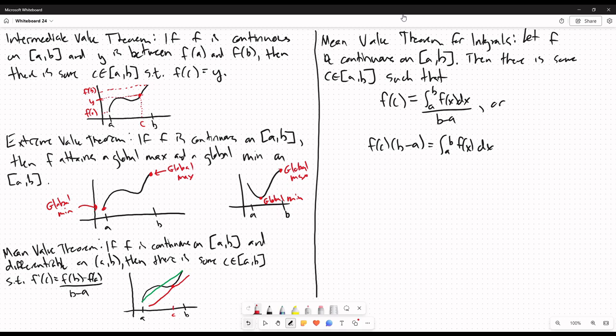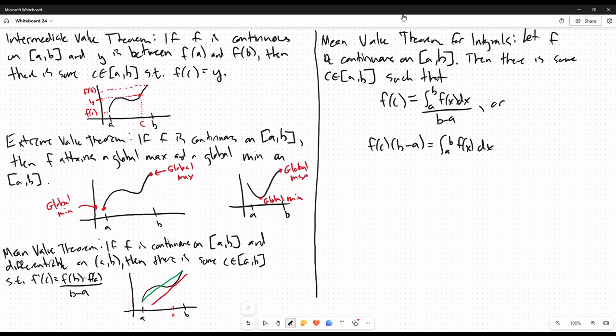I'm going to give it one more shot to make that line nice and straight and passing through there. That's slightly better. Okay. So that's what this is saying: I can find a point C where the tangent line at C is parallel to the secant line from f(a) to f(b). So that's the mean value theorem.